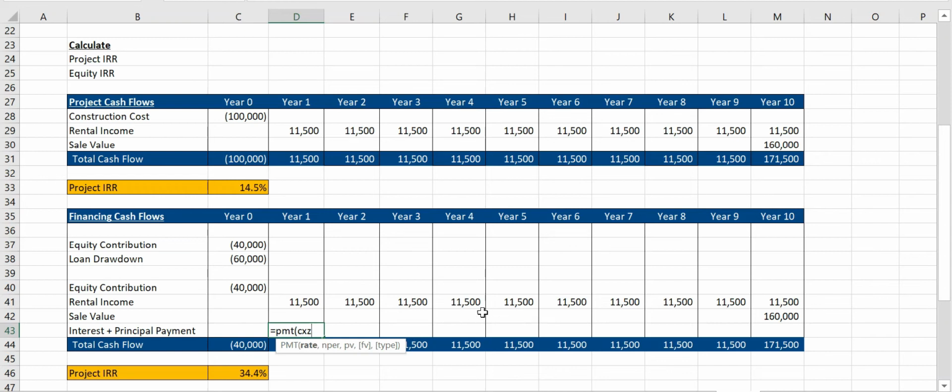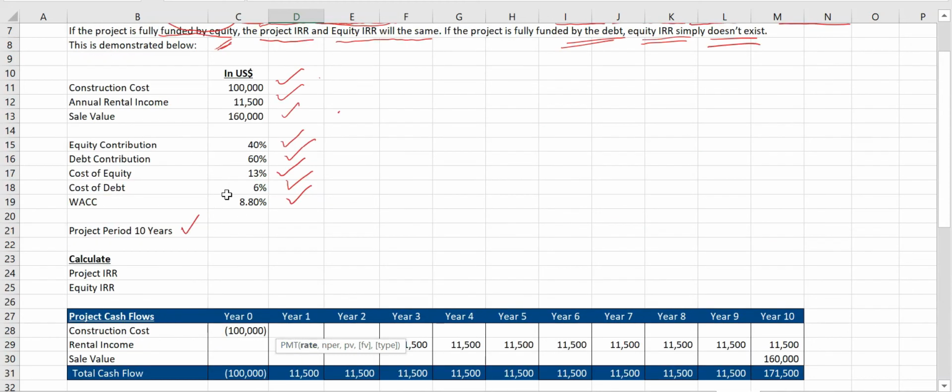You can also prepare a loan schedule, and I will show you the method of calculating that as well. It's a lengthy process, but for this calculation I will use the PMT function. The rate, the cost of debt, is 6%.